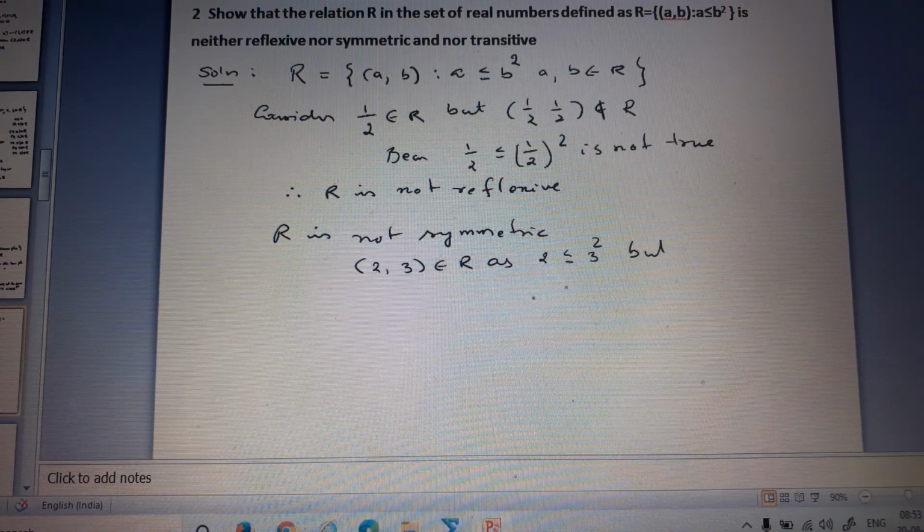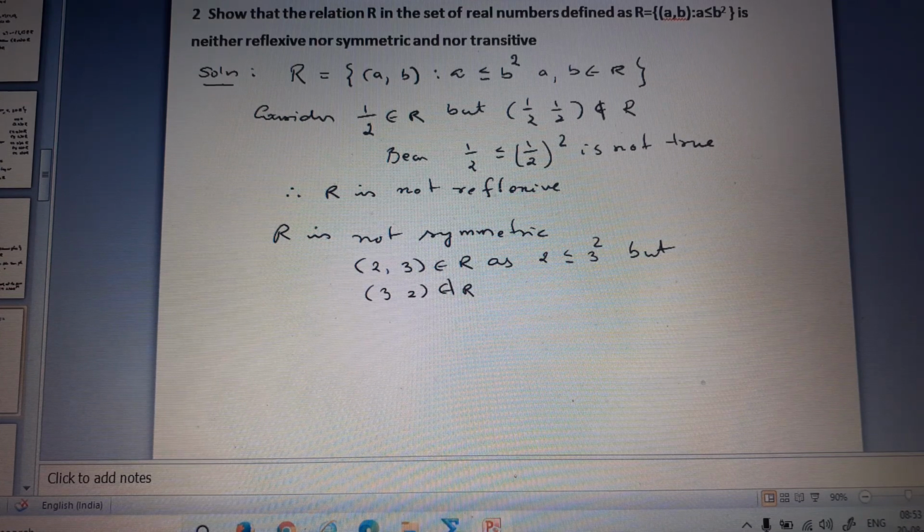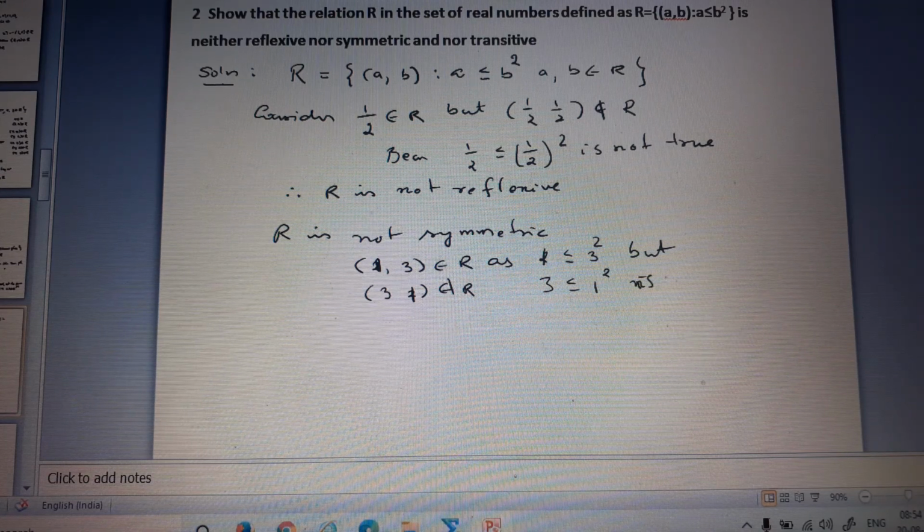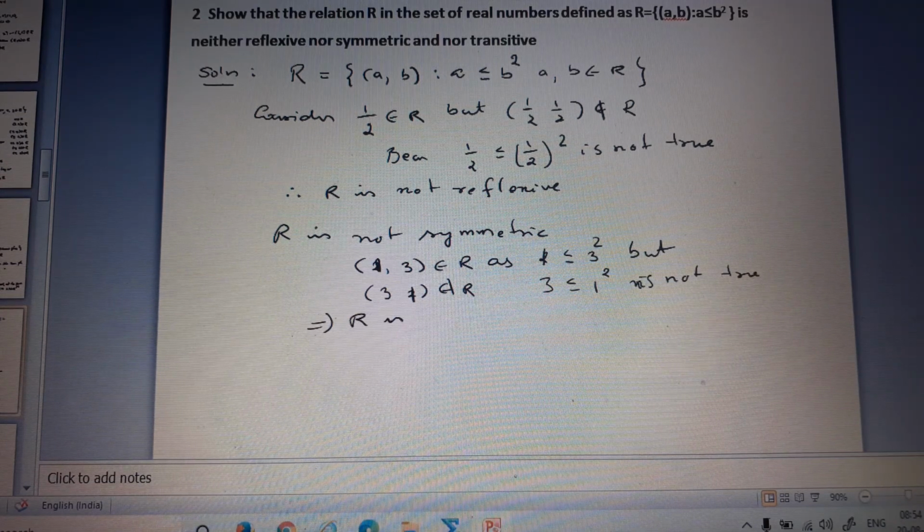But sorry, (1, 3) we will take. (1, 3) belongs to R, because 1 is definitely less than or equal to 3 square. So when you select the example, you should be very careful. But (3, 1) if you take, then 3 less than or equal to 1 square is not true. This implies R is not symmetric also.